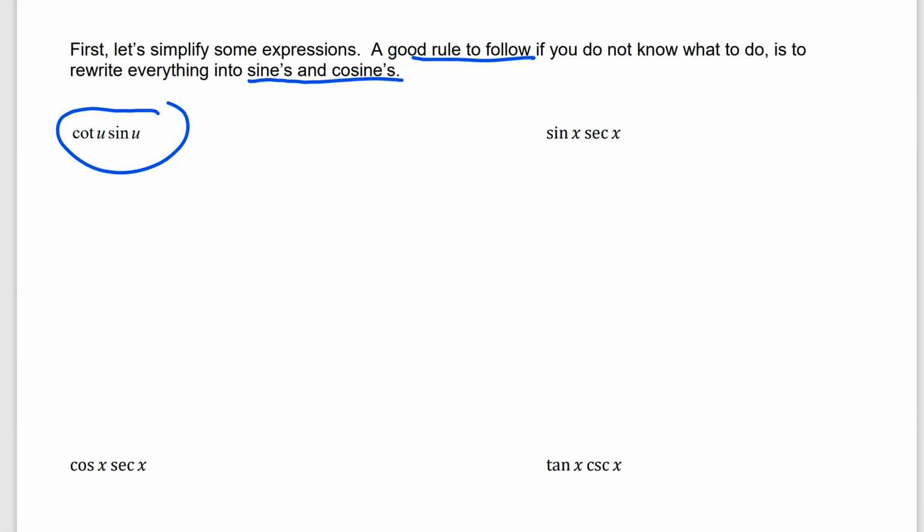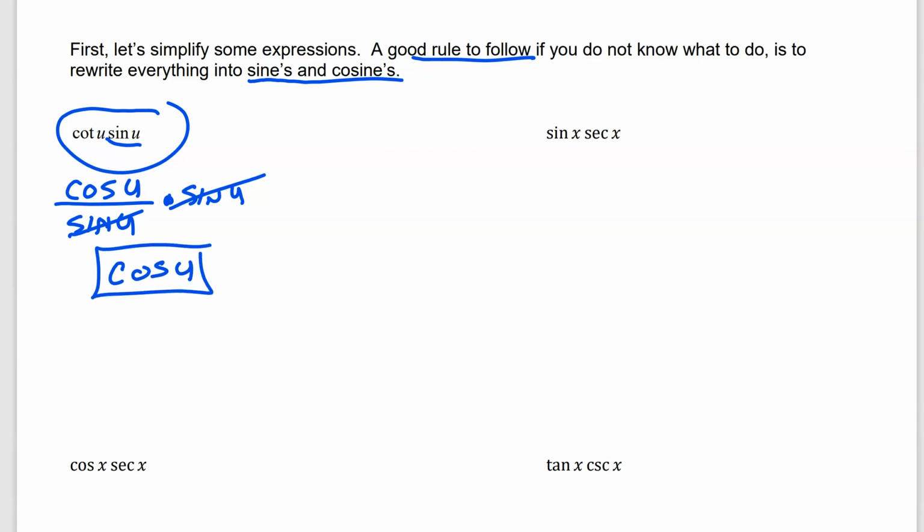So here we have cotangent, which is cosine of u over sine of u. And then we're timesing it by sine of u. So that'll be our first step, and I think we can see that the sines of u cancel out, and we're left with cosine of u. And that is it. It is that simple for today's assignment.